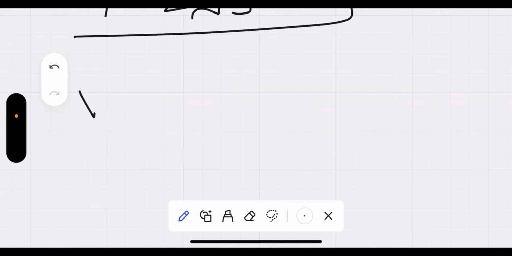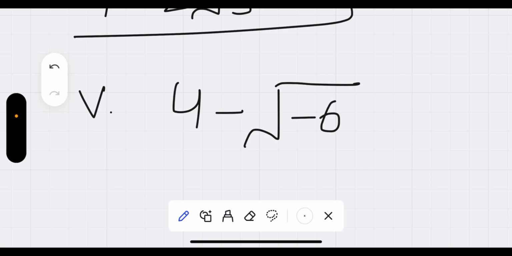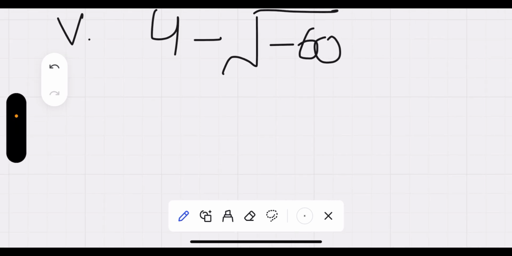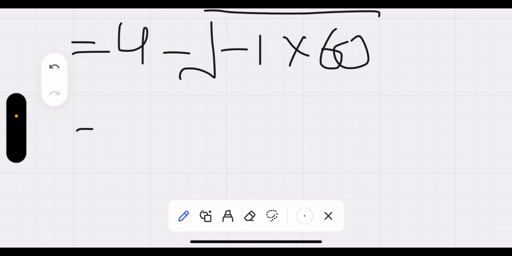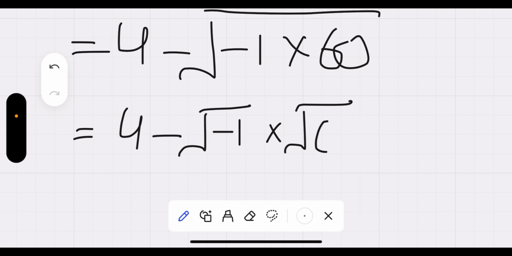Next we have the fifth part, 4 minus square root of minus 60. We can write it as 4 minus square root of minus 1 multiplied by 60. Then we will have square root of negative 1 multiplied by square root of 60.